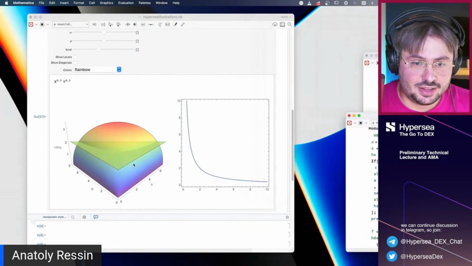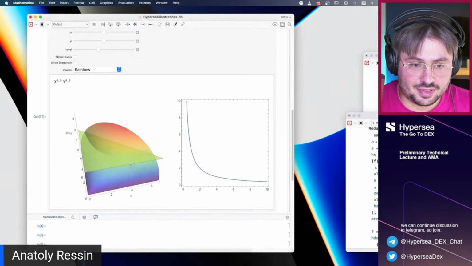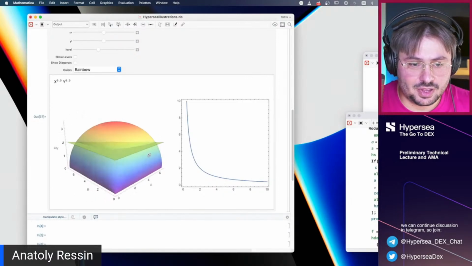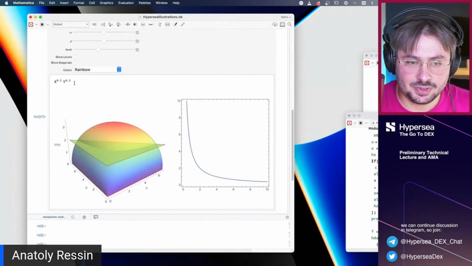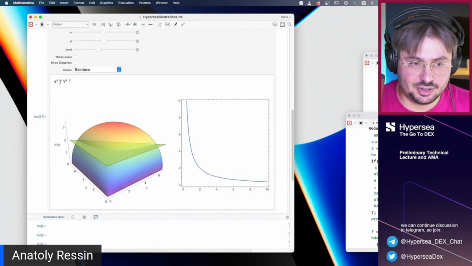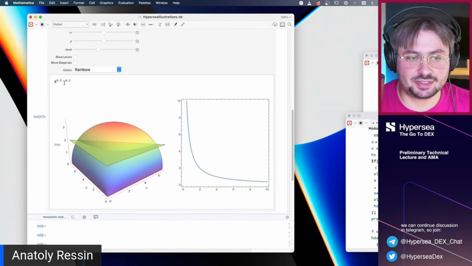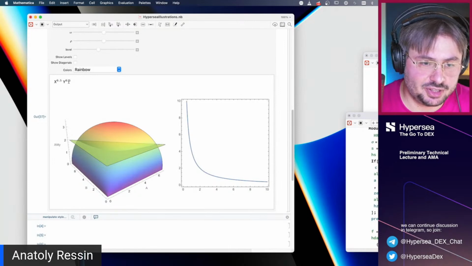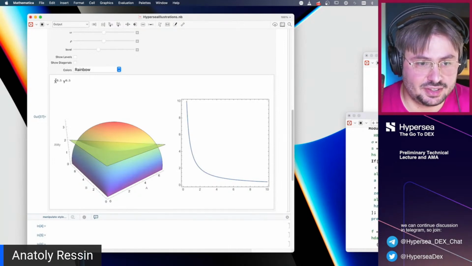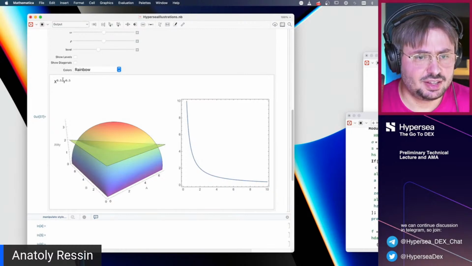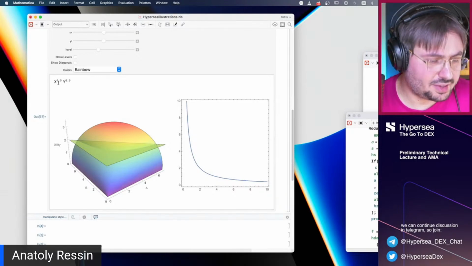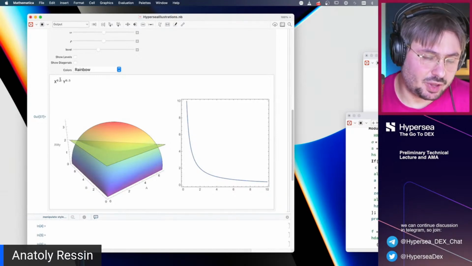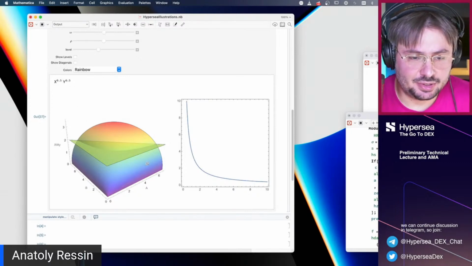So this is the surface. This is exactly the surface that corresponds to what Uniswap is proposing. It's just the square root of x times y. But in a more mathematical form, it could be explained as x to the power of 1/2 times y to the power of 1/2.